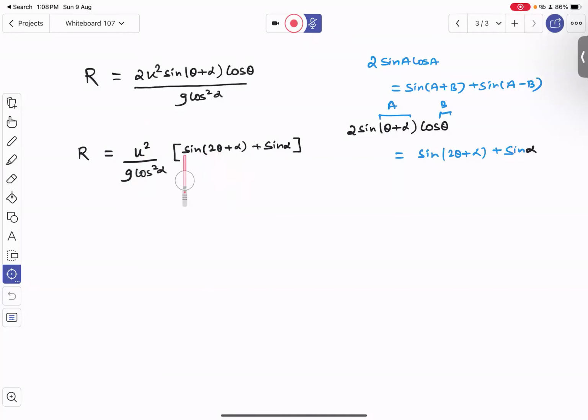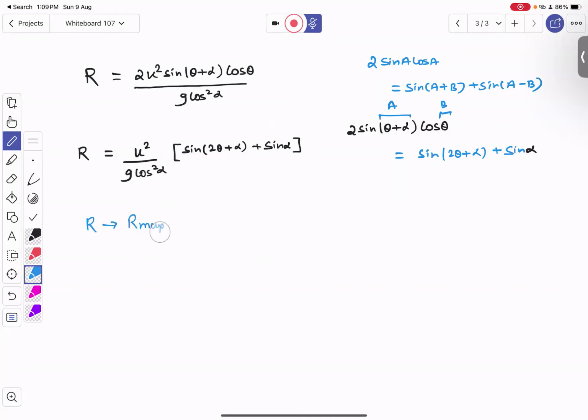The greater this term, the greater the range, because range is directly proportional to this term, appearing in the numerator. So for what angle the range will be maximum, and what the maximum range will be, we can find out.